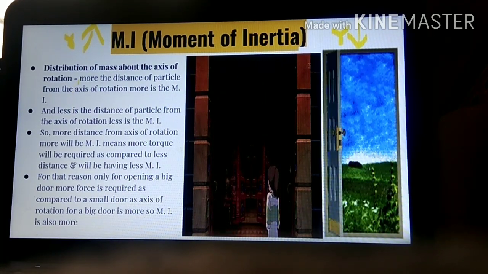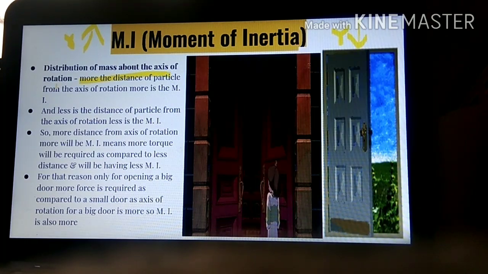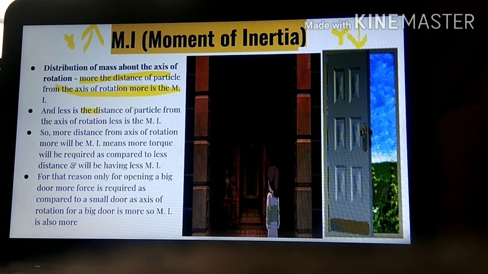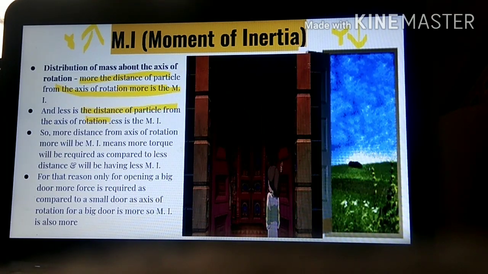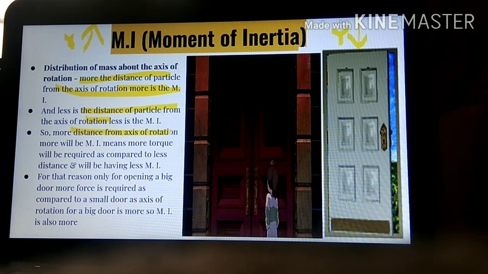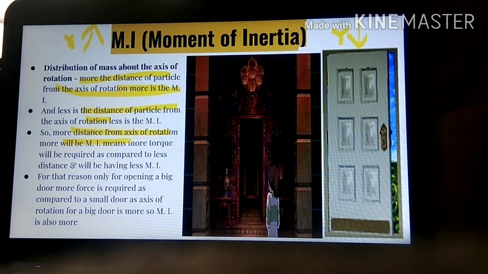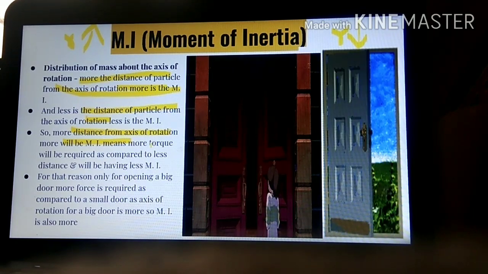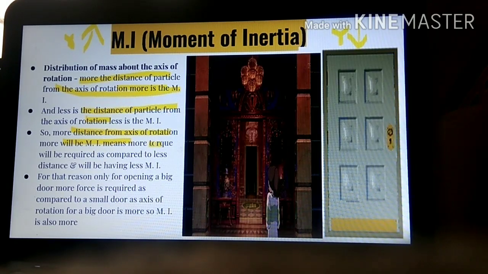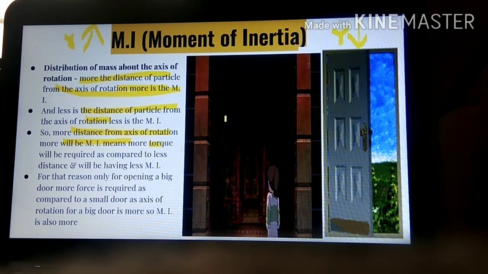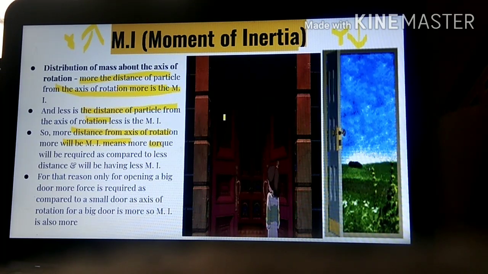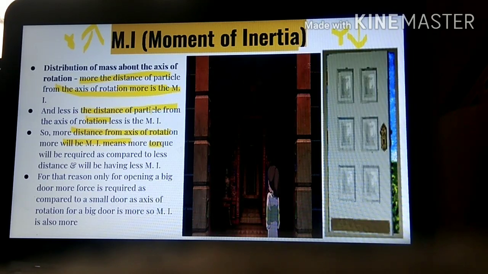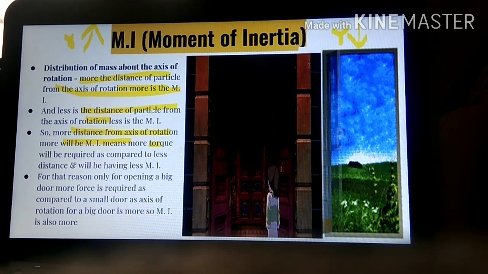We will see over here: the more the distance of the particle from the axis of rotation, the more is the moment of inertia. More moment of inertia means more torque is required. We will derive the formula for torque afterwards, but right now try to understand that radius, torque and moment of inertia are directly proportional.